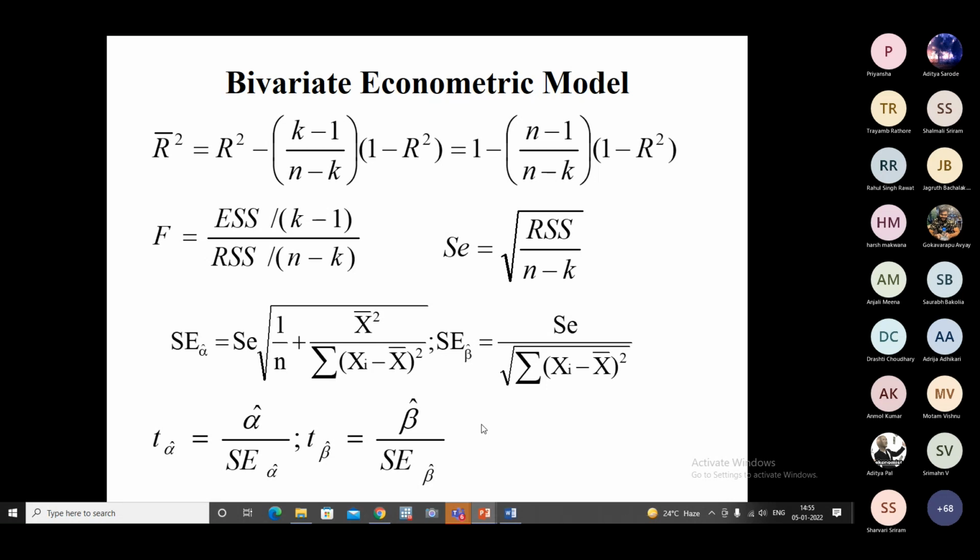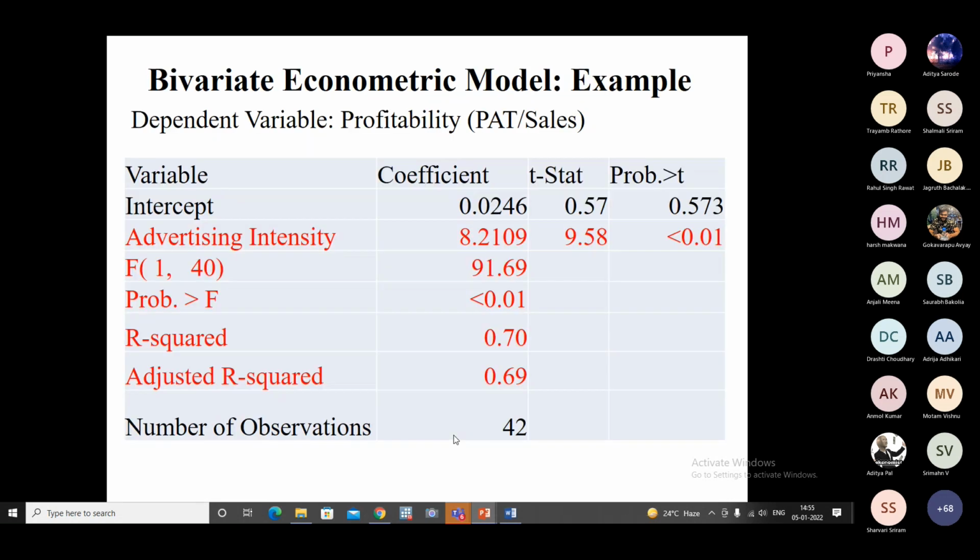So in this example, basically what I tried to show you all is that measurement of the variable may influence the regression results. Very simple example. In this case, profitability is being measured as profit after tax by sales. In this case, profitability is being measured as profit before tax by sales. And you see, here the R square value is 0.70.